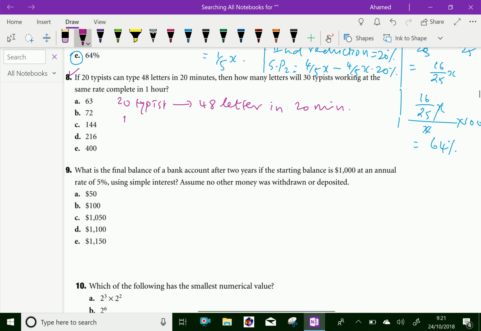Therefore one typist can type 48 over 20 letters in 20 minutes.